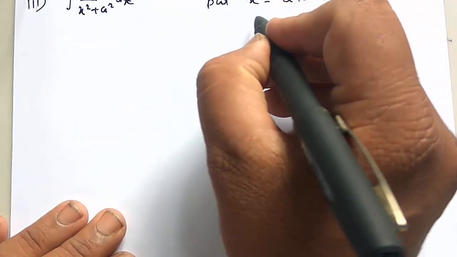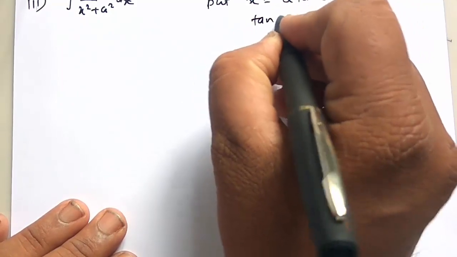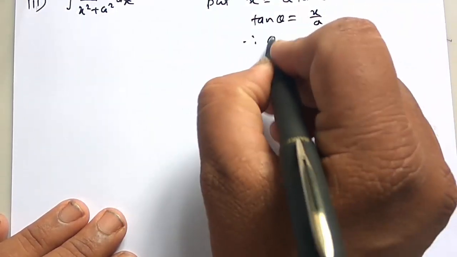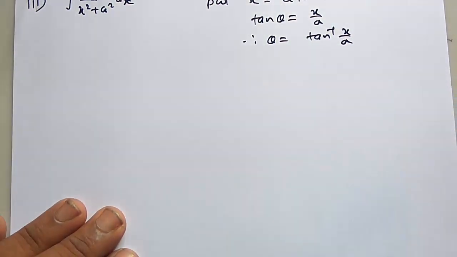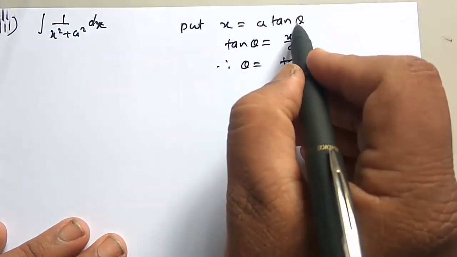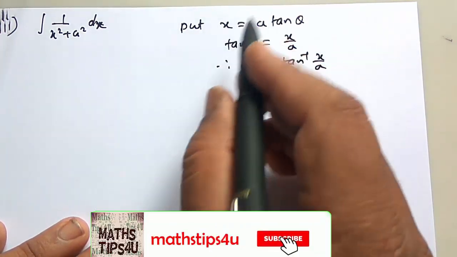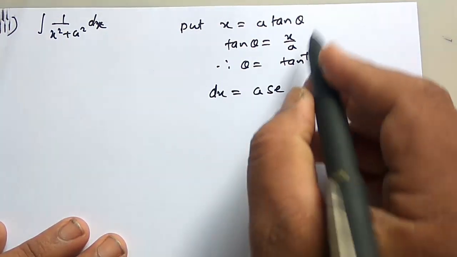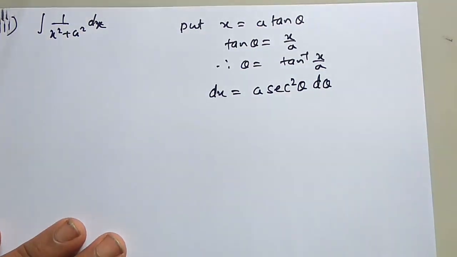Therefore, tan theta is equal to x upon a. Therefore, theta is equal to tan inverse of x upon a. Since x is equal to a tan theta, differentiating with respect to theta, we get dx is equal to a, derivative of tan is sec square theta d theta.